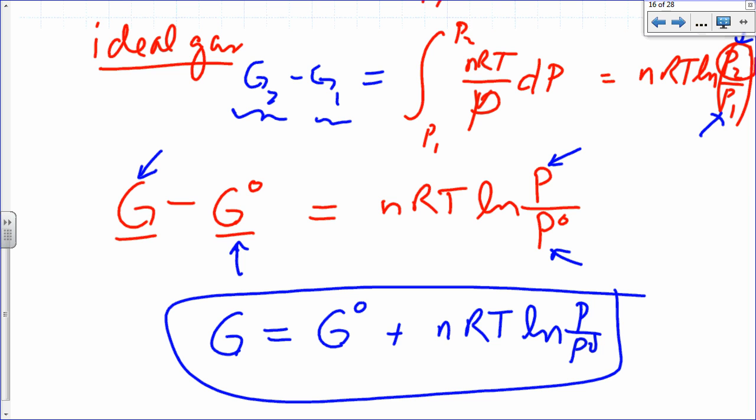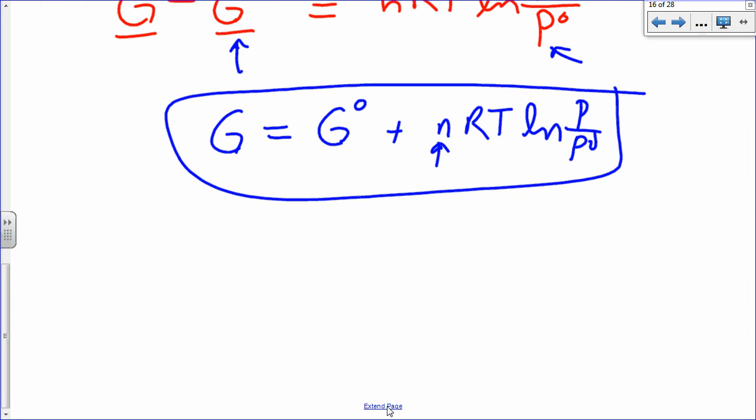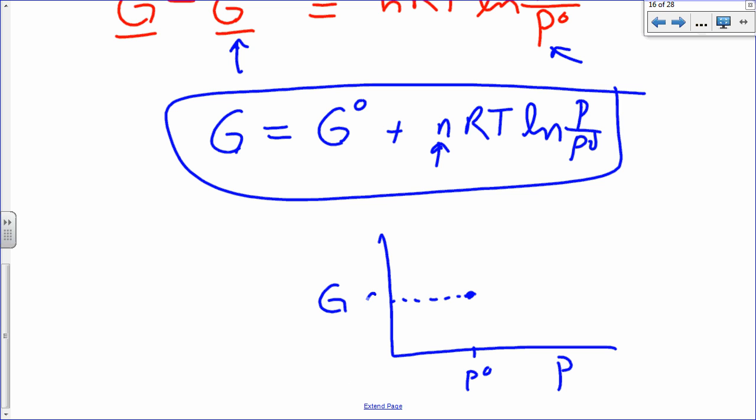If it's 1 mole, then we put n equals 1 there if you want to do it on a per mole basis. So what would happen now if we were to try to plot G versus pressure? What would the plot look like? At pressure P naught, the value is G naught, so whatever that is, that's going to be G naught, right?